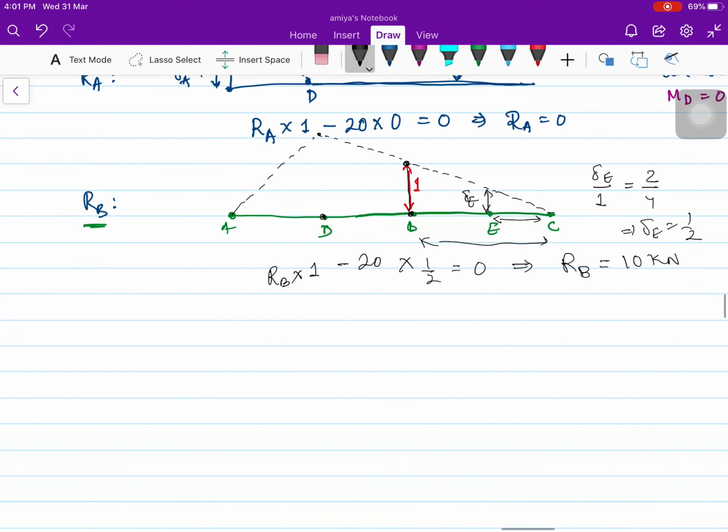Then let's calculate the last reaction, RC. In order to find RC, we have to apply a unit displacement at C. So I'll just mark all the points, joints and supports.